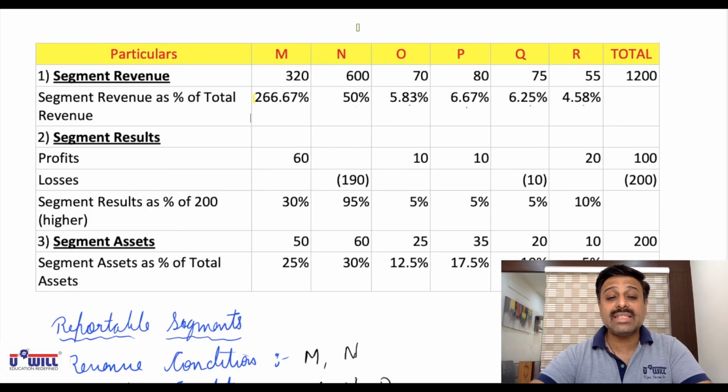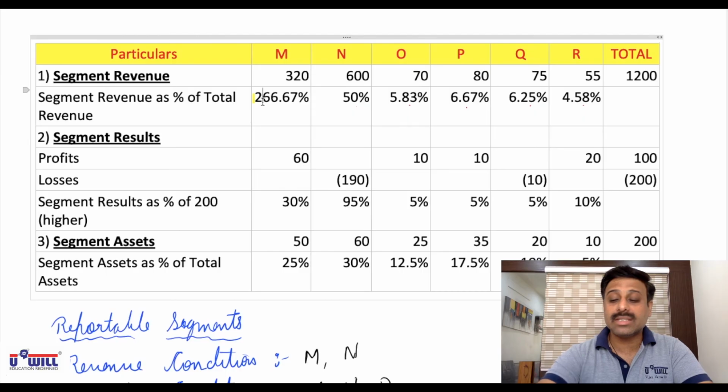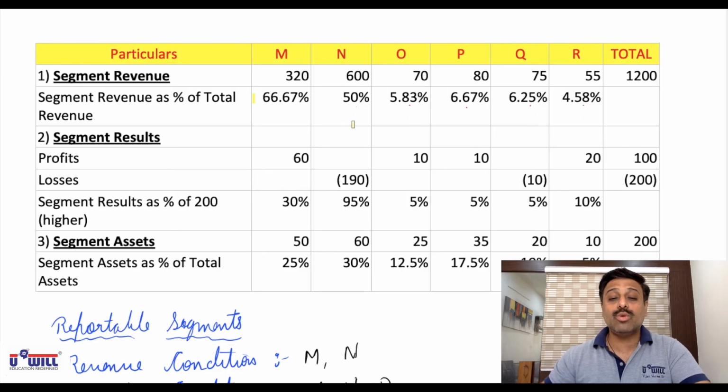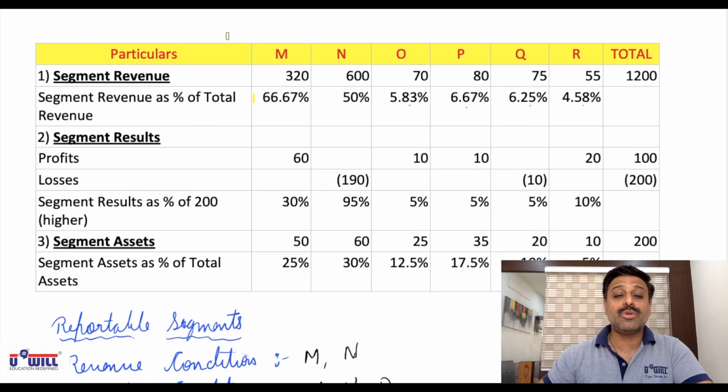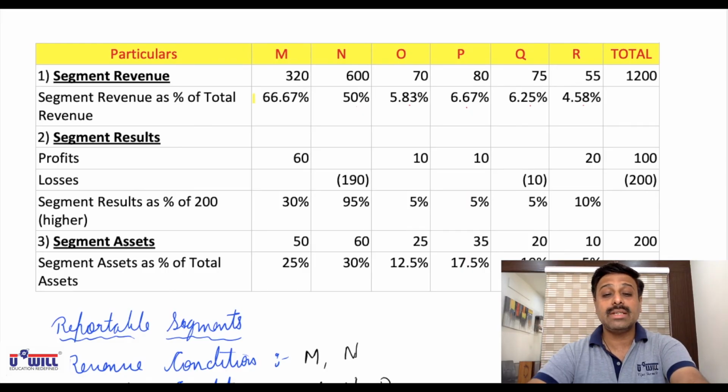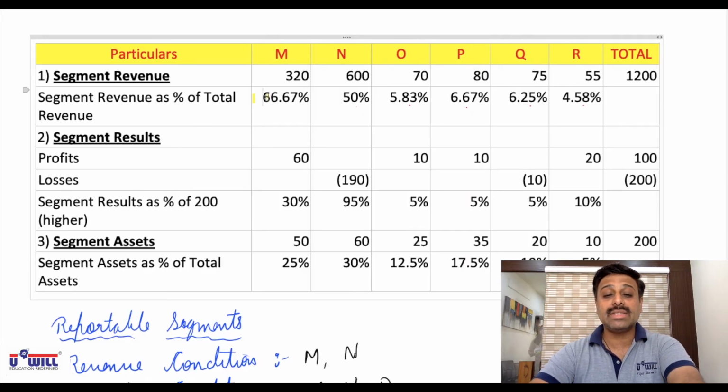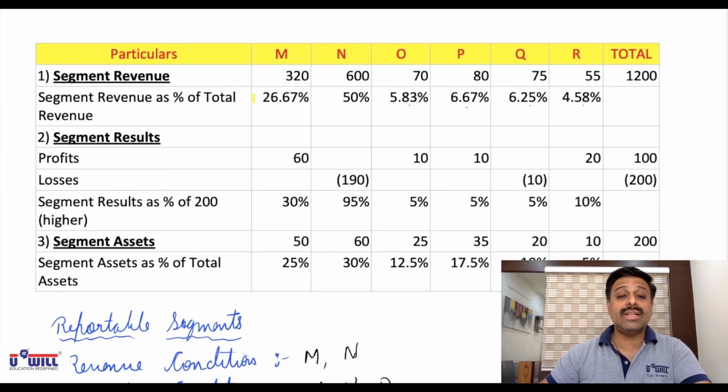The first one is 320 divided by 1200, which is 26.67%, not 66. Anyway, which ones are more than 10%? Only M and N.